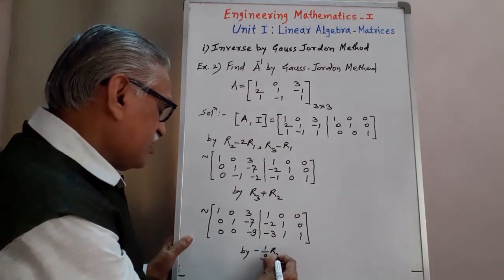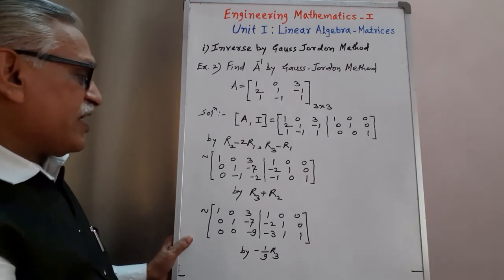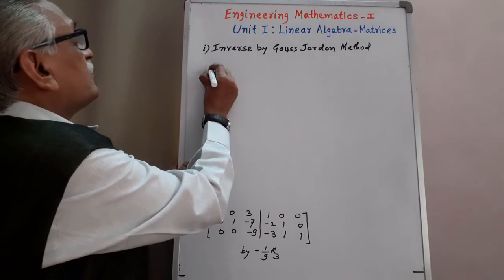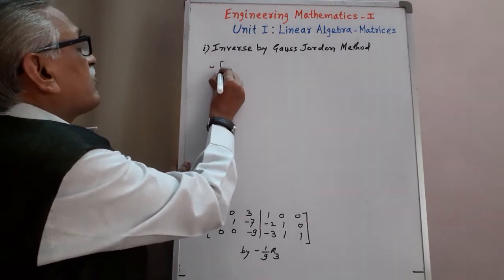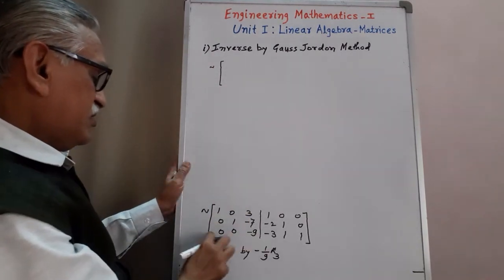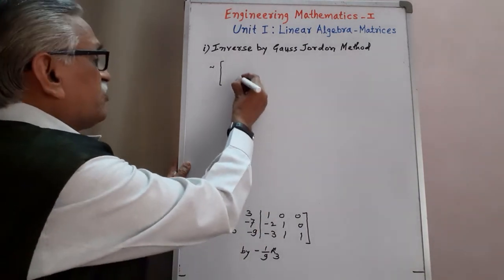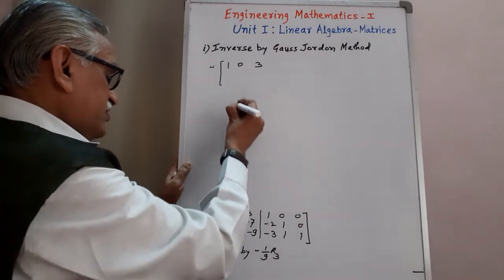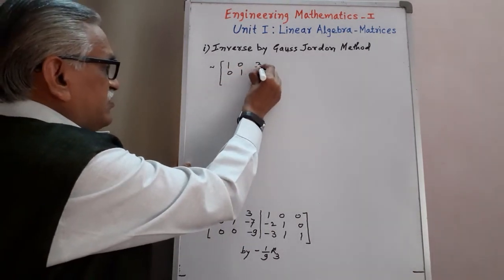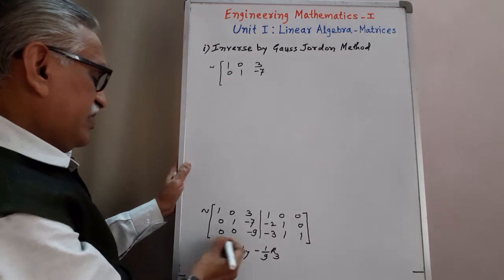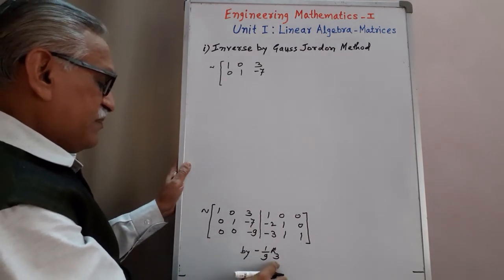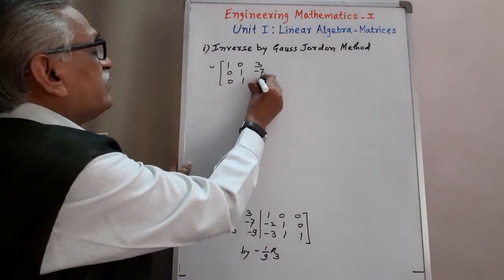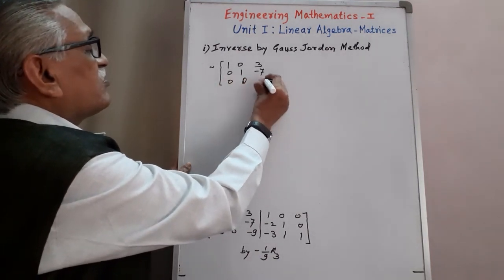Therefore, if we apply that, we get this matrix 1 0 3, 0 1 minus 7, and then multiplying that third row by minus 1 by 9, we get the element as 0 0 and 1.